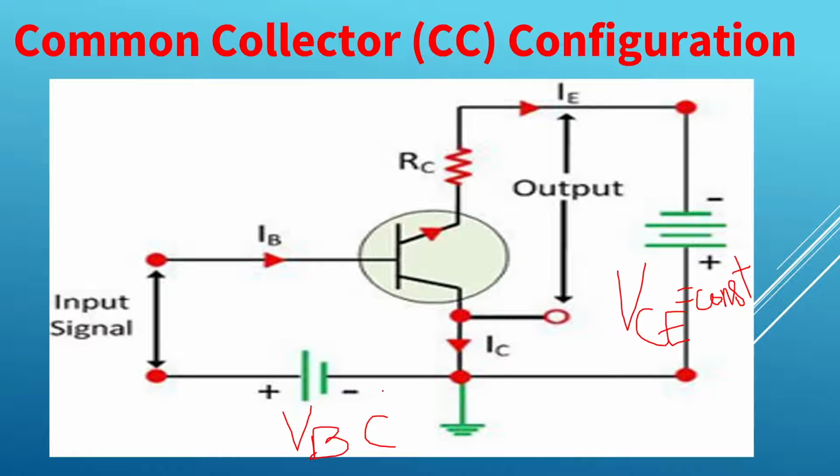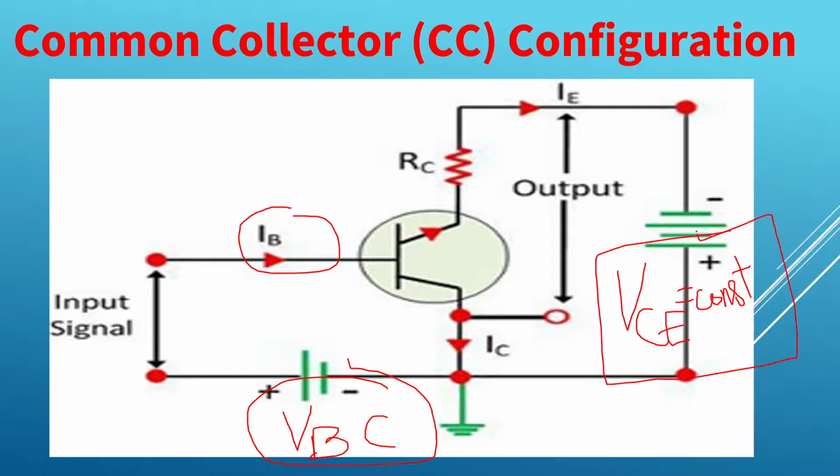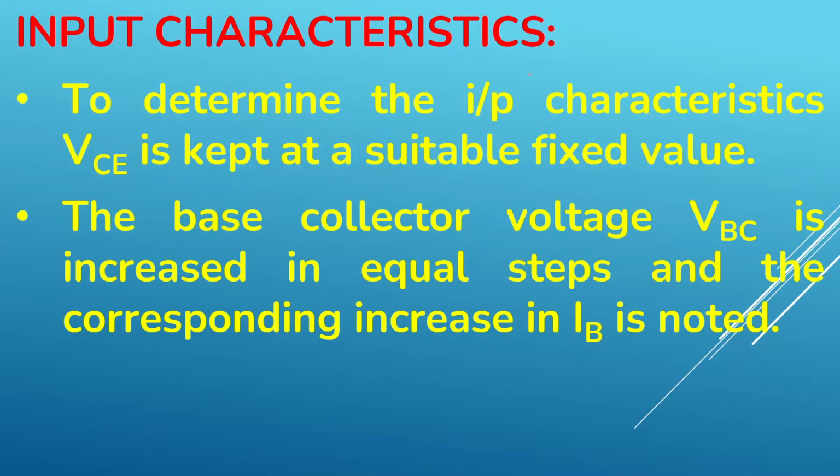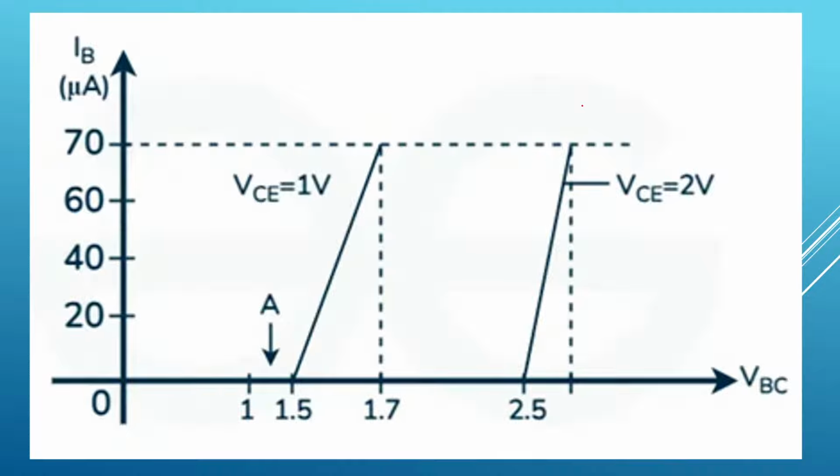So I am going to plot the characteristics between VCB or VBC and IB, assuming VC is constant. Okay, assuming VC is constant, I am going to plot the characteristics between IB and VBC. So let us see the input characteristics. Okay, let us see the input characteristics.